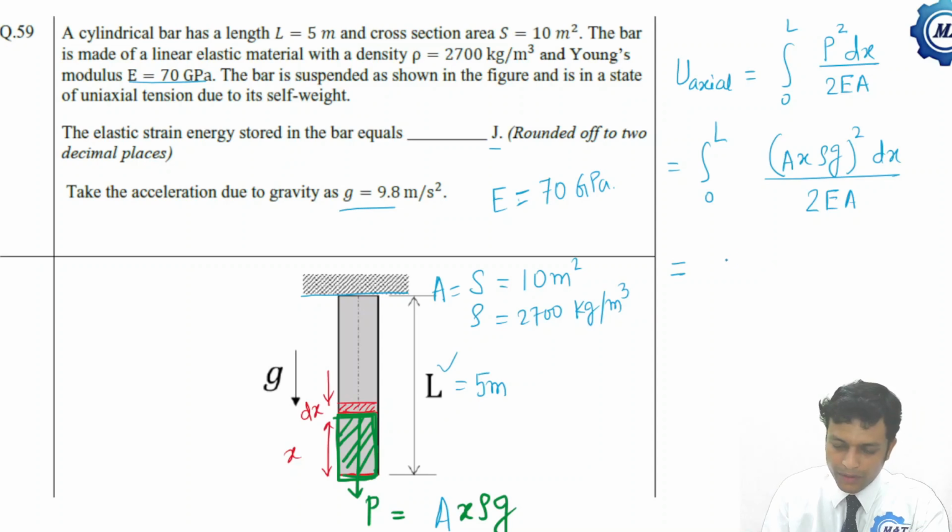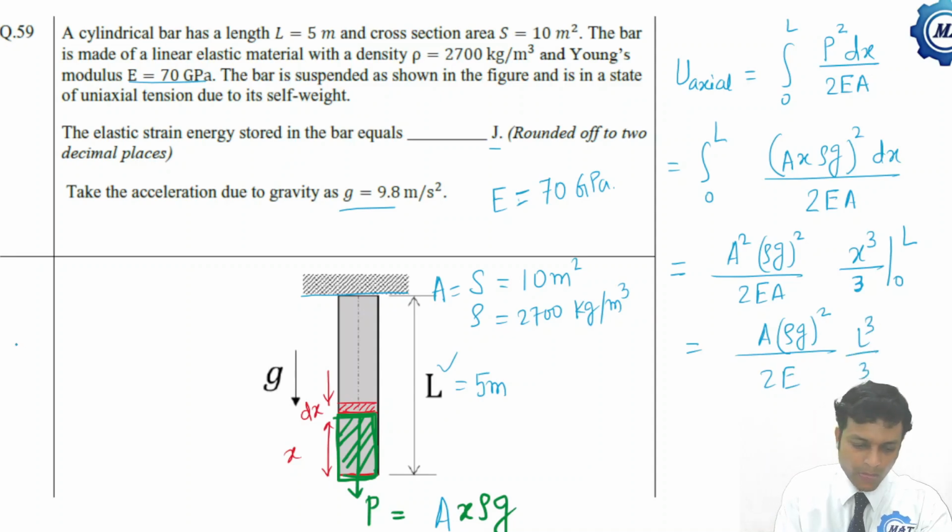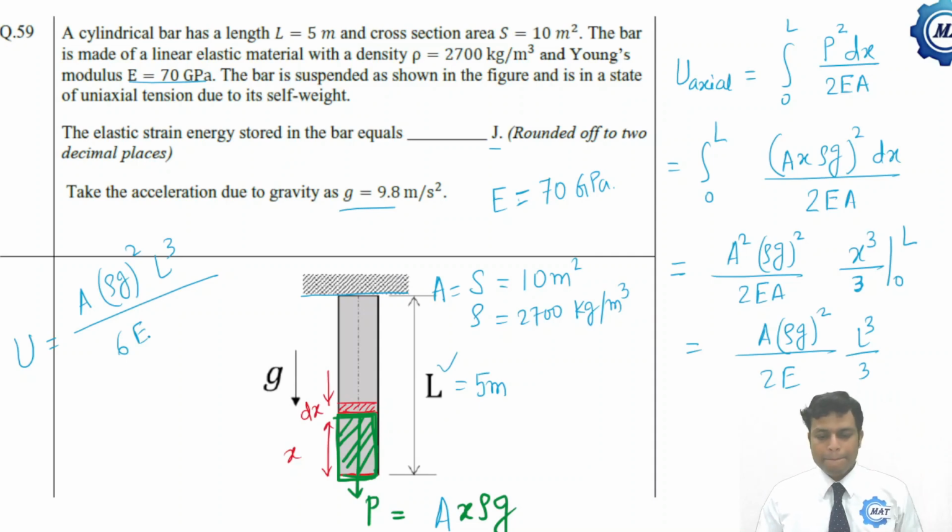So that should be A square rho G whole square by 2EA, x square dx, that is x cubed by 3, integral 0 to L. That is A rho G square by 2E, L cubed by 3. That is, the final expression is A rho G square L cube by 6E. So this is the expression of strain energy stored.